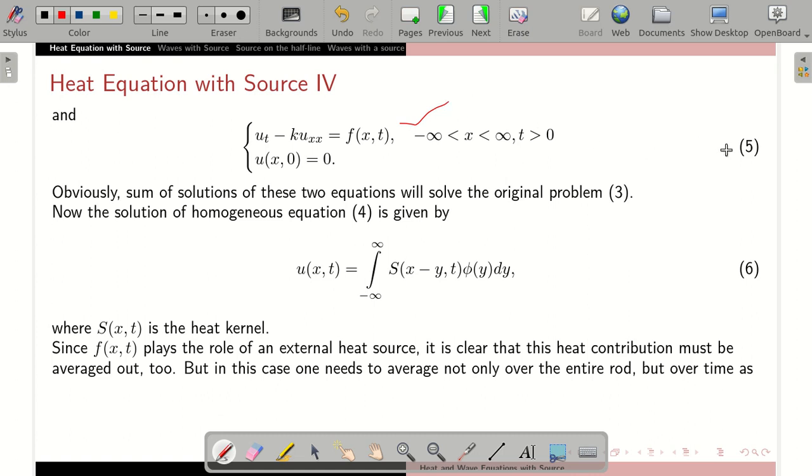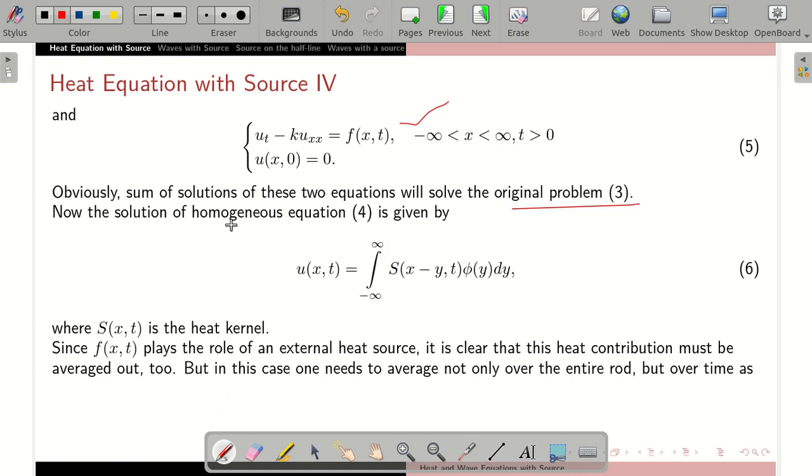So you solve equation 4, the homogeneous, and then you find one particular solution of the non-homogeneous, equation number 5, and then by adding these two solutions you get the solution of the original problem, which was given by equation 3.